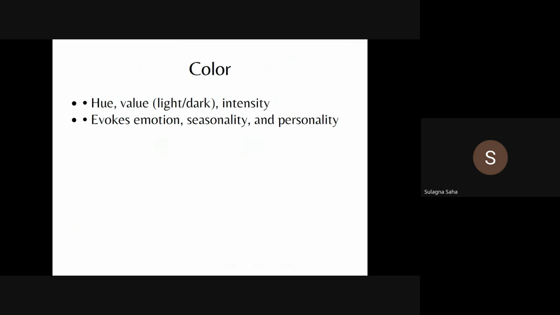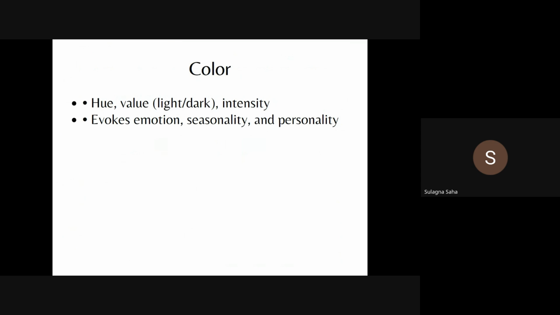Coming to the next element, it is the color. Now, when we talk about color, there are three things that we would talk about, which is the hue, value, and intensity. But more importantly, the purpose of color is because it essentially evokes certain emotion.